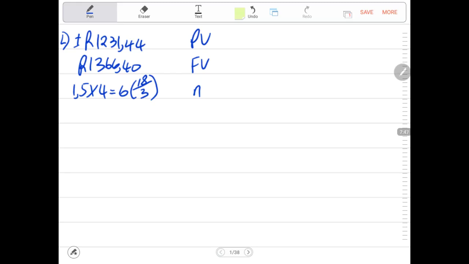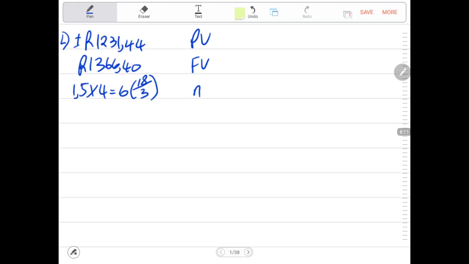So if you say 12 divided by 4, you'll get 3. Then that means there are 3 months in a quarter, by the way. So let us continue on that note.